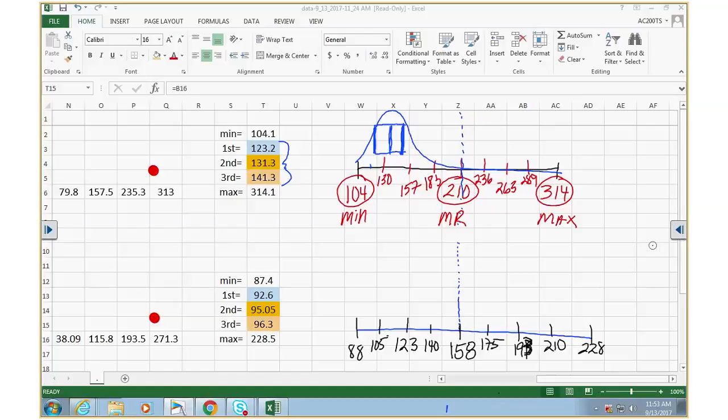All right, now I'm ready for my box plot. 93. Well, 88 to 100 is 12. Half of 12 is 6. So this would be 94 right in here. So 93 would be right in here somewhere. And then 95 is going to be real small right beside it.